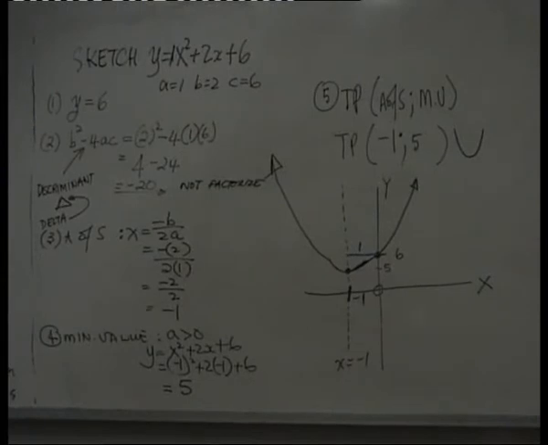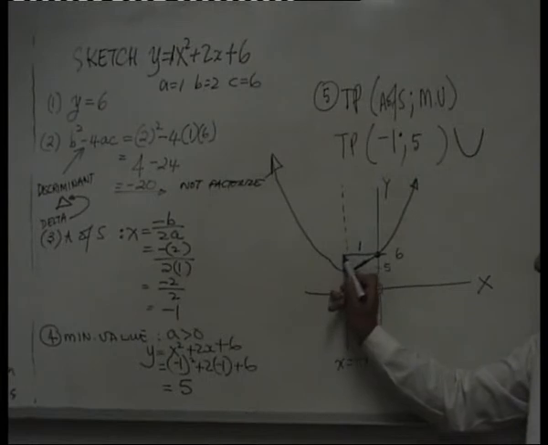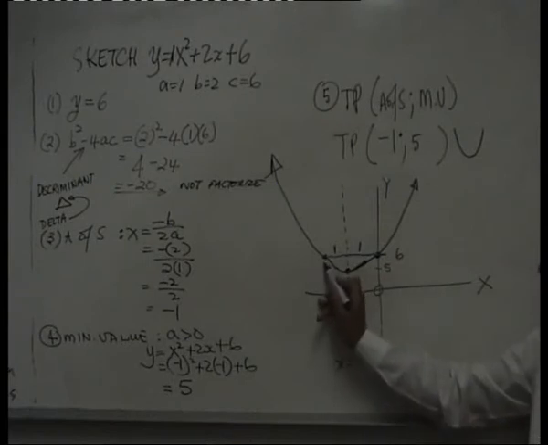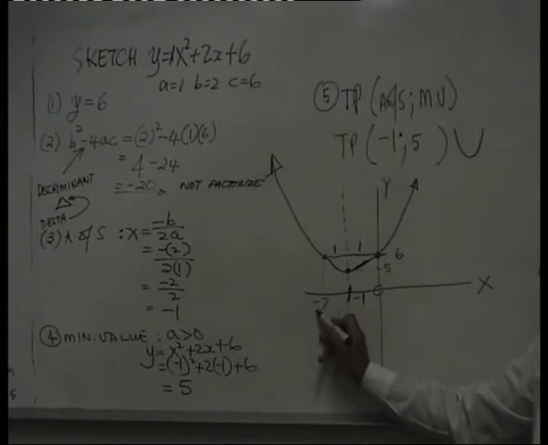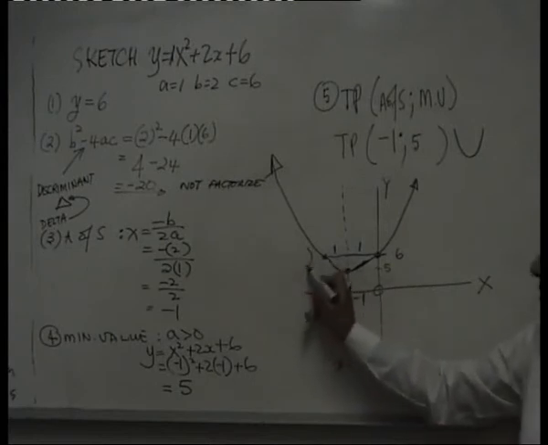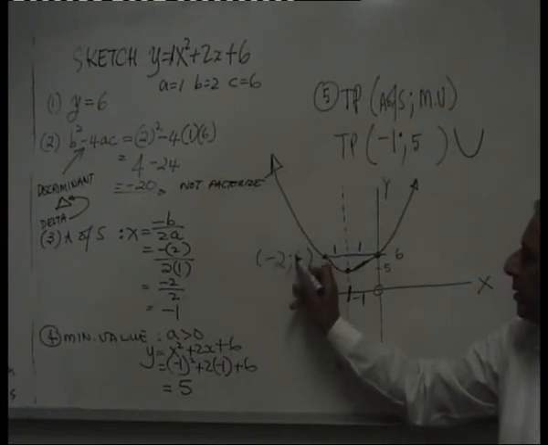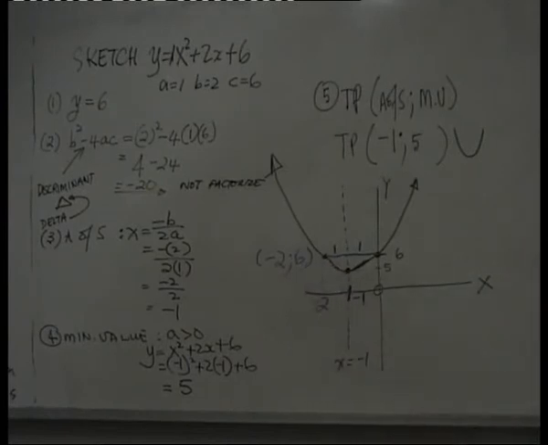The distance is 1. Therefore, there will be another point on the other side, exactly 1 unit away. In other words, there will be another point here, minus 2, 6.